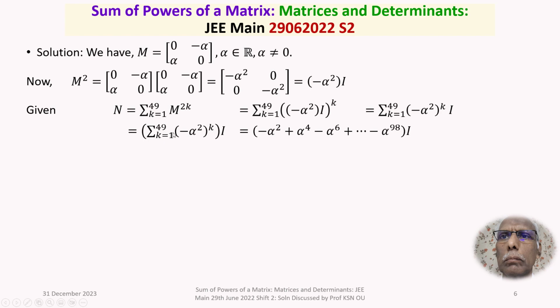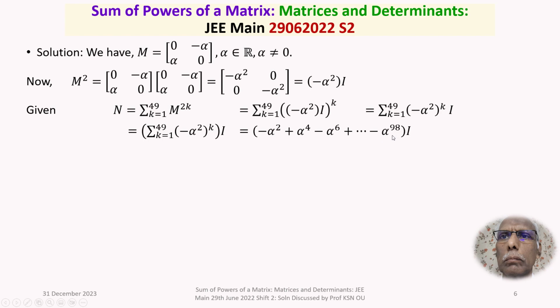If you expand this, when k is equal to 1, it is minus alpha square. When k is equal to 2, it is alpha to the power of 4. When k is equal to 3, it is minus alpha to the power of 6, and so on. When k is equal to 49, it is minus alpha to the power of 98.